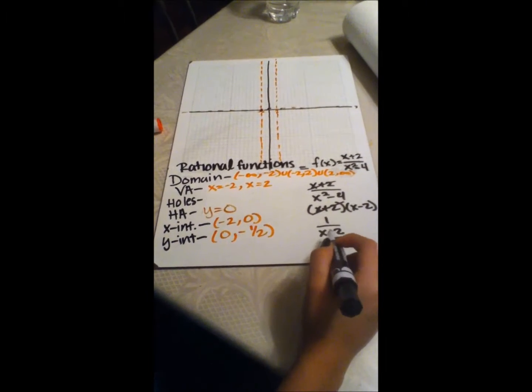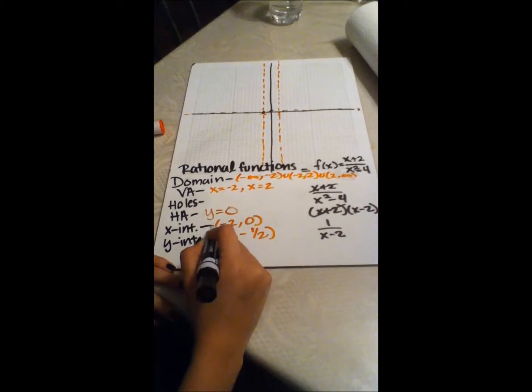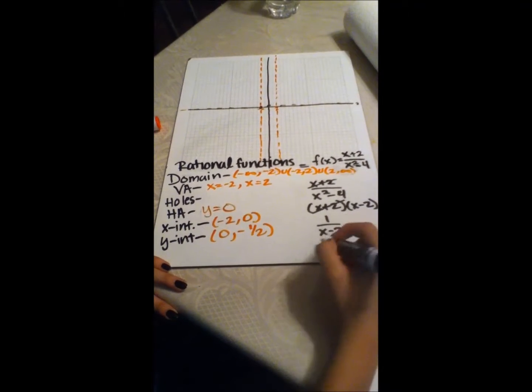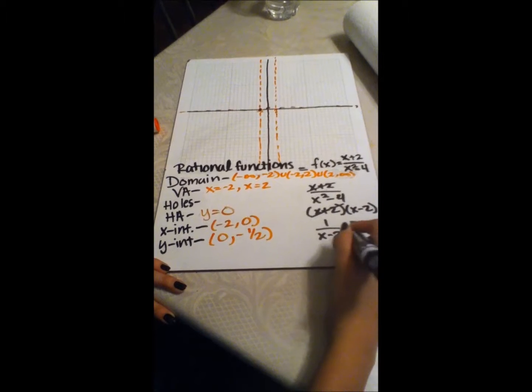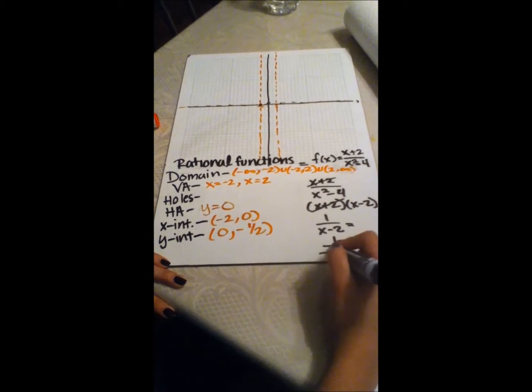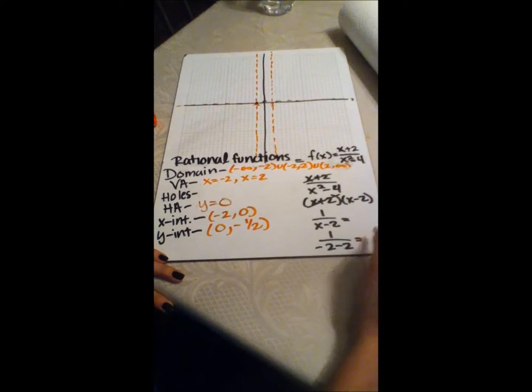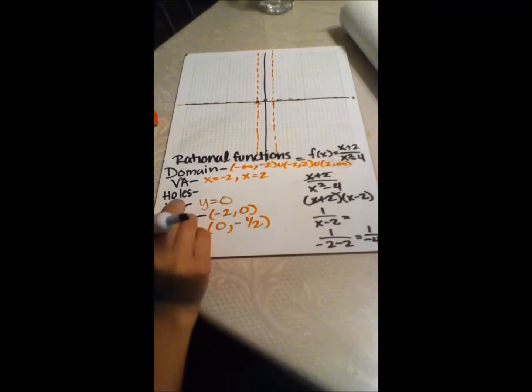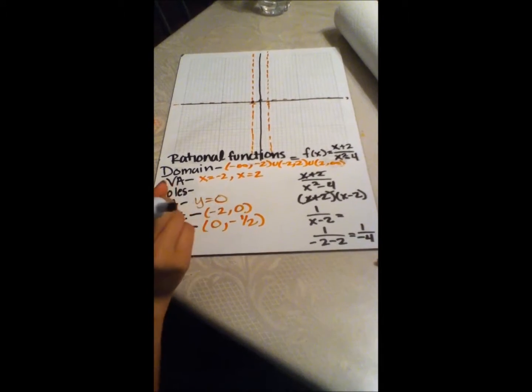So now what you're going to do is plug in negative 2 for x. So it will be 1 over negative 2 minus 2, which will give us 1 over negative 4.